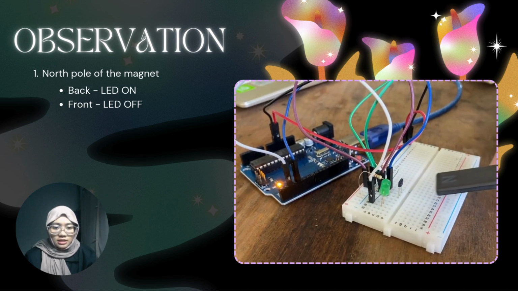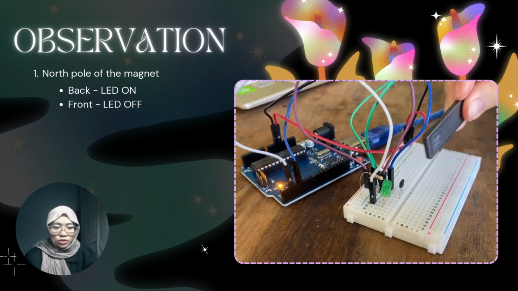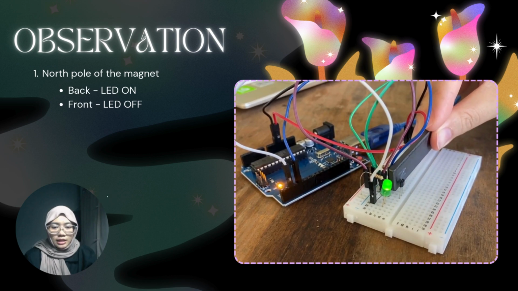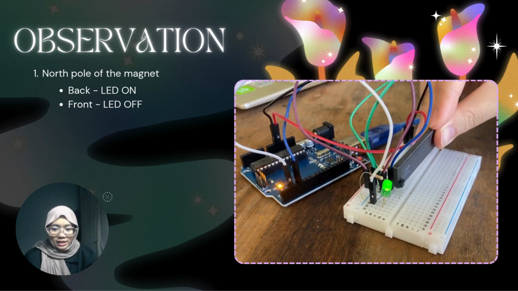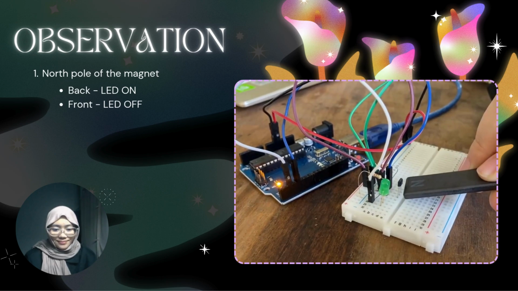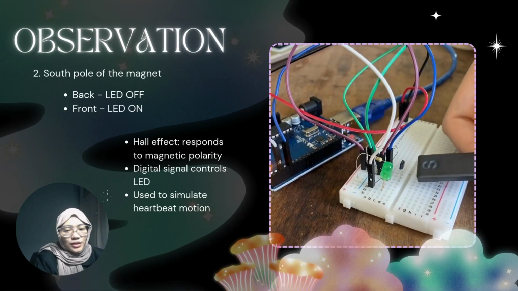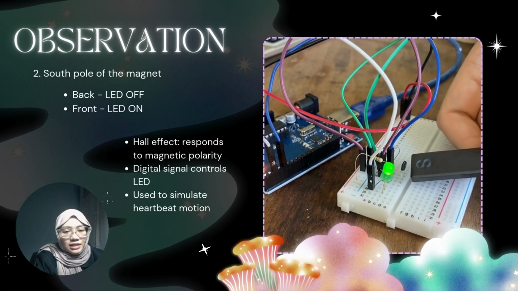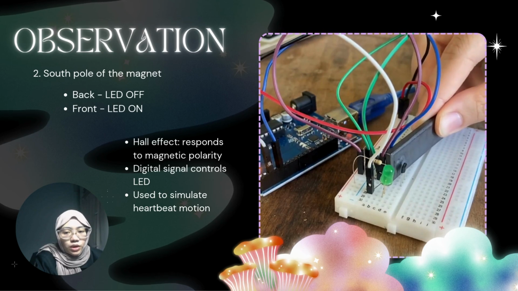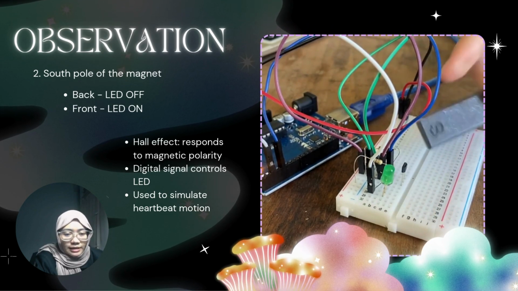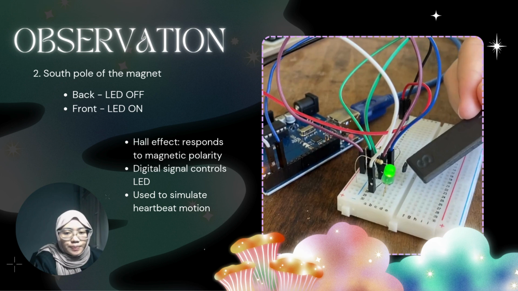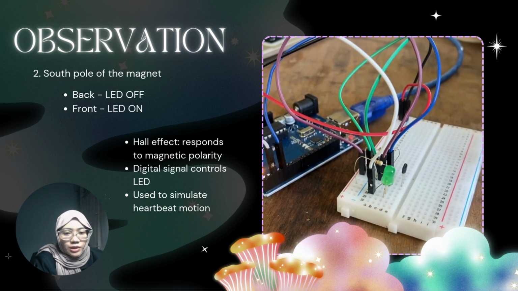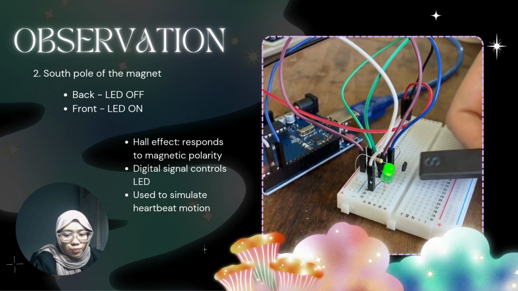So the sensor actually gives a digital signal to the Arduino, and the LED lights up and turns off based on that signal. For this slide, we ran a test for the south pole side of the magnet, and we noticed that the result is the opposite of the north pole.